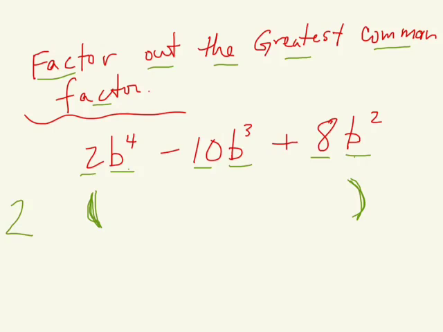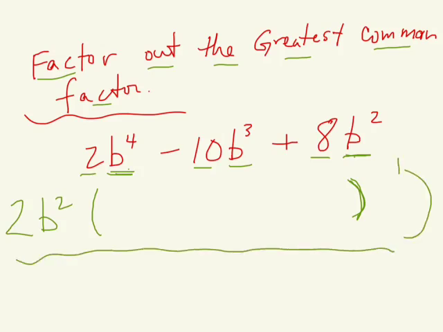But you can cancel out a b squared from a b to the fourth, and I'll show you that. So b squared is the greatest common factor. So what's actually happening here is we're doing the reverse of a section in chapter 6 where we multiplied this little ditty out here and got this little ditty up here, okay?